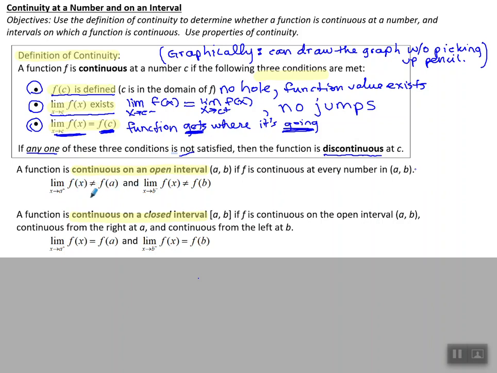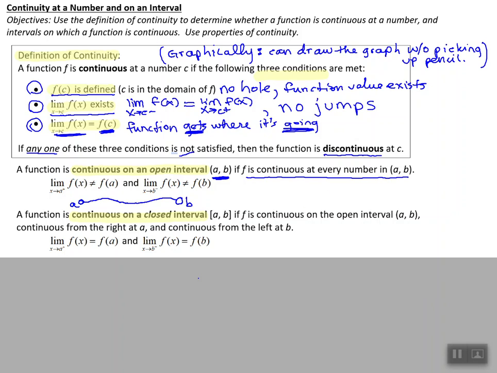So if we think about what that looks like, if we have an endpoint a, the function approaching it from the right heads to a value, but there is a hole at that value. And the limit as x approaches b from the left of f of x does not equal f of b. That means coming from the left, the function is headed to this spot, but it does not get there, and that's at b. And that's why it's the open interval. It does not reach these two endpoints, a and b, but the function is continuous at every number inside that interval.